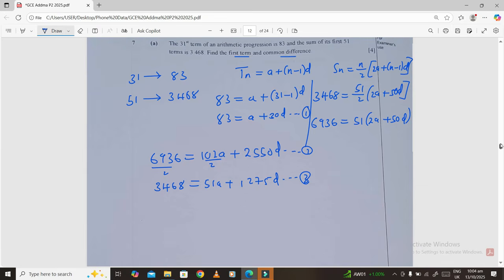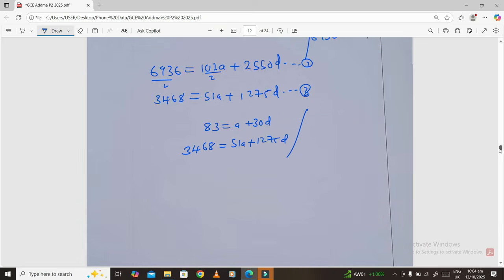So the first equation, it's this one, which is 83 is equal to A plus 30D. And then the other one has got 3,468 equal to 51A plus 1,275D. So we can solve these simultaneously.